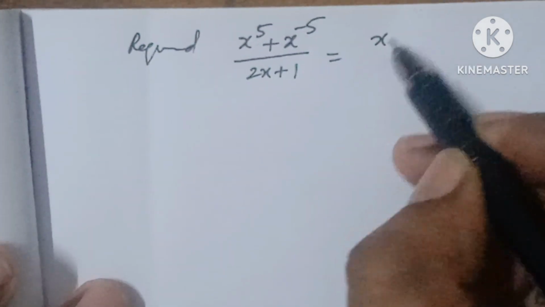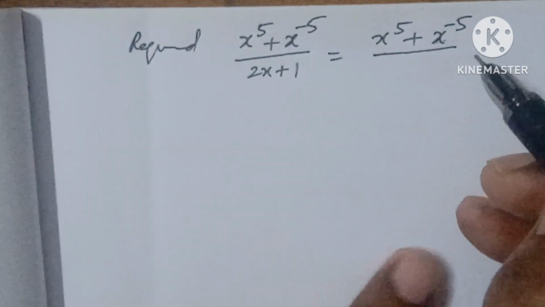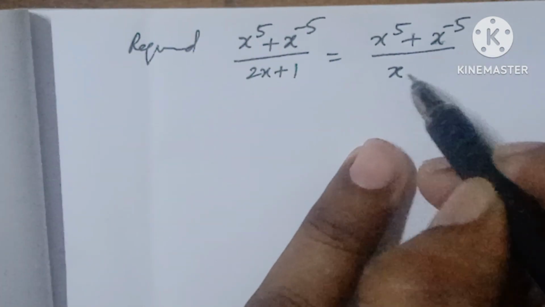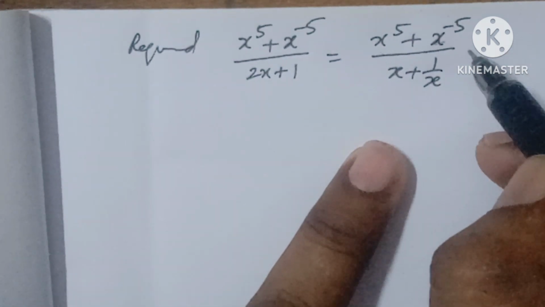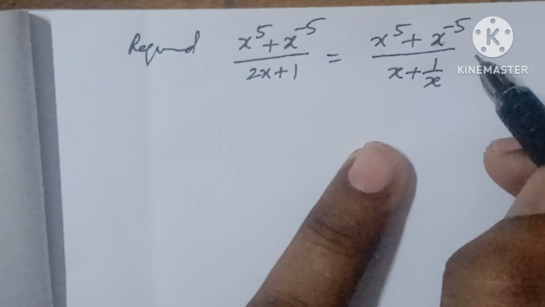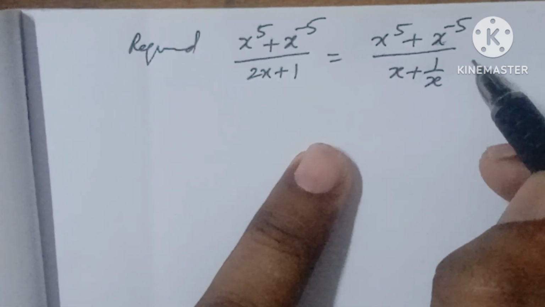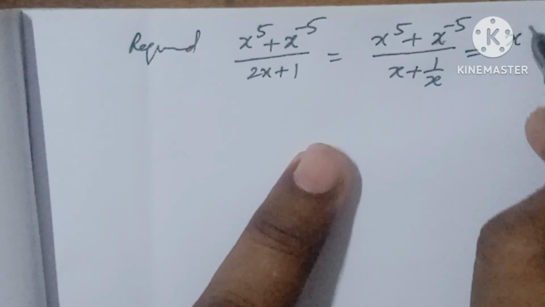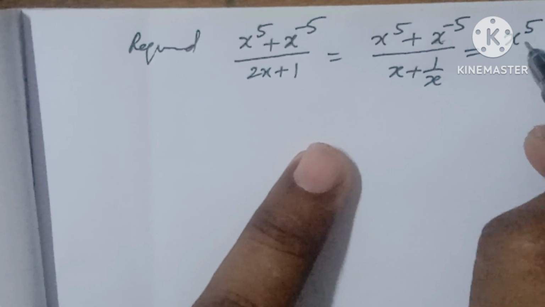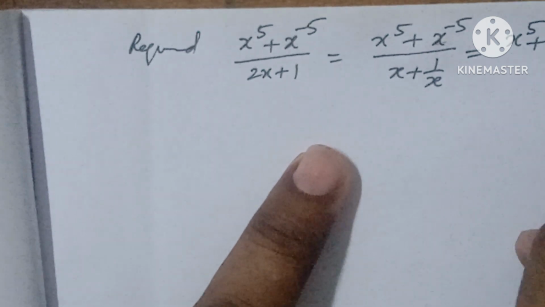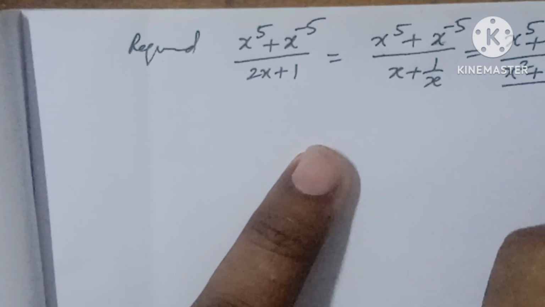So here x to the power of 5 plus x to the power of minus 5 over, this value you can write it as x plus 1 by x. Now if you solve this, x to the power of 5 plus x to the power of minus 5 by x plus 1 by x.